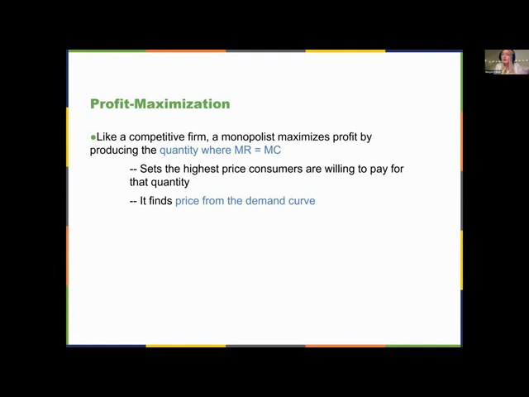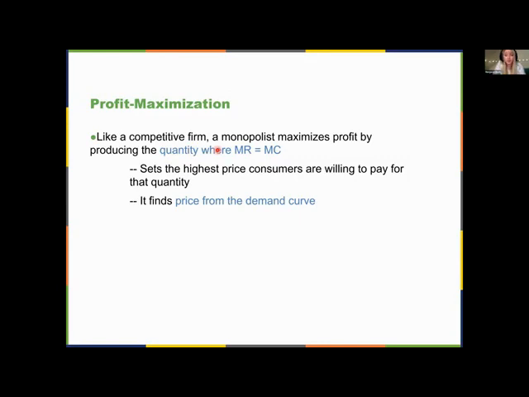So it's kind of like that output effect and that price effect we talked about in the last video. Those two have to balance out. And it doesn't matter if it's a perfectly competitive firm or a monopoly, choosing that quantity is exactly the same.